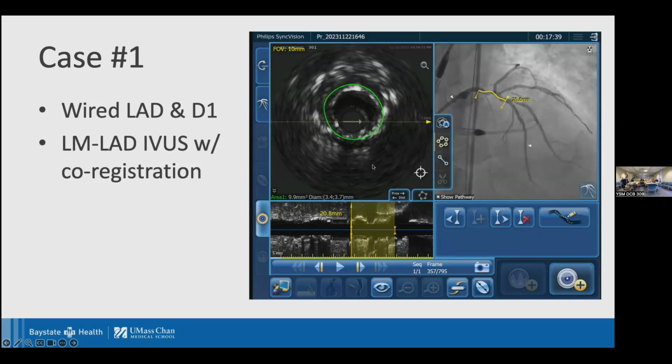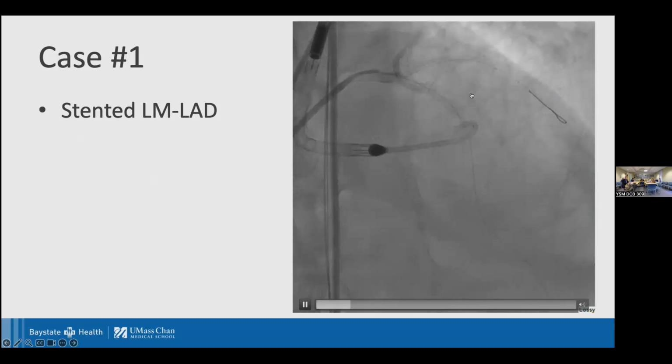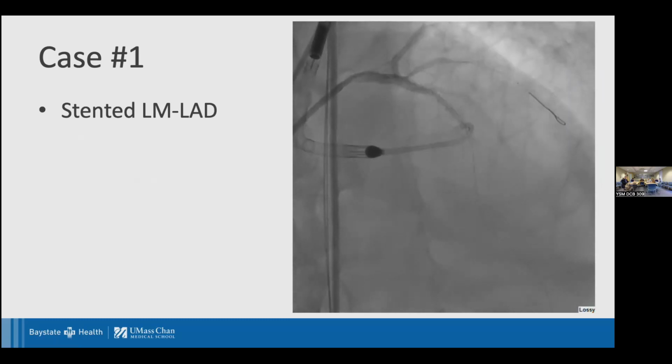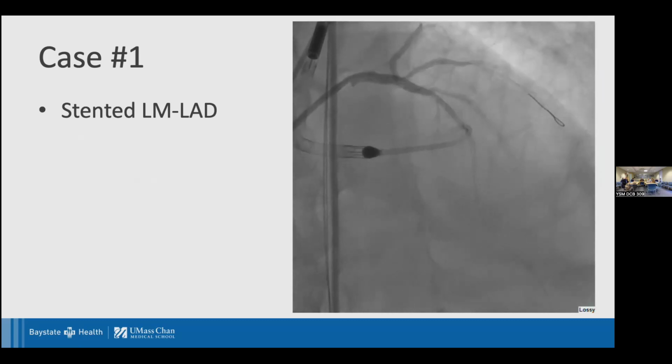A co-registered IVUS is performed from the LAD into the left main. A single stent is deployed from the LAD into the left main, covering one diagonal and the circ. This is the angiographic result.